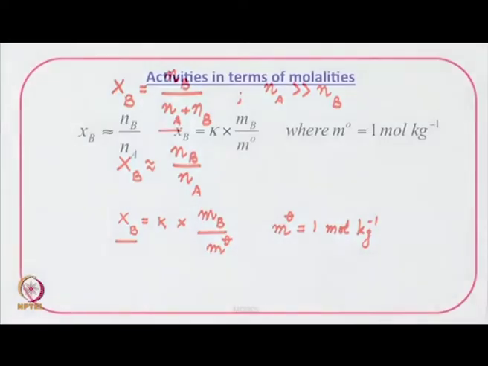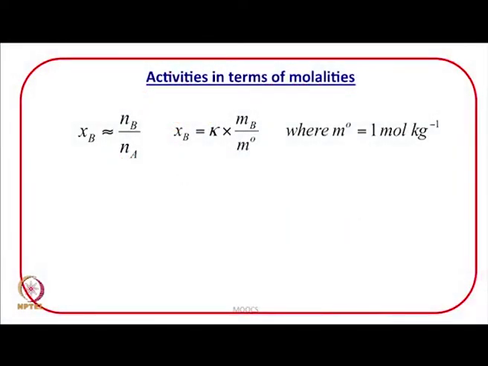Let's go back to the slide now. Mole fraction is approximately a ratio of NB by NA, as we just discussed. So I can express mole fraction in terms of molality by this expression, where M naught is 1 mole per kg. Now what will be the expression for mu B?